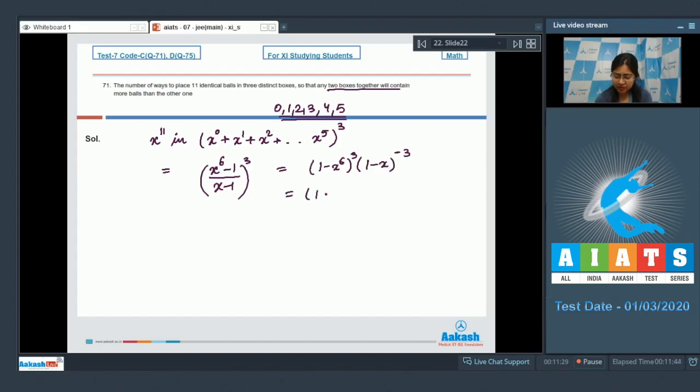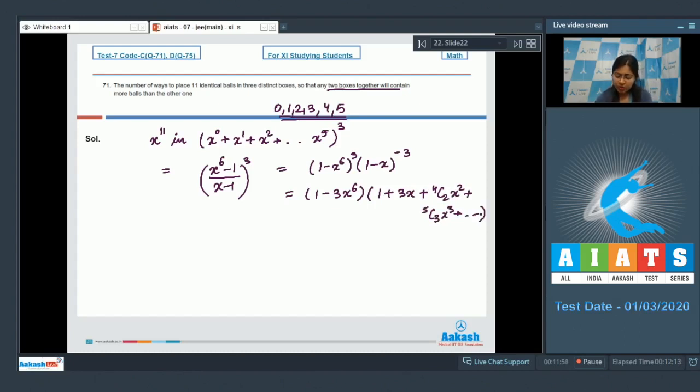Now expanding this, 1 minus 3x^6, not writing next terms for the sake of simplicity because that is not required. x raised to the power 12 is not required, right? Into 1 plus 3x plus 4C2 x squared plus 5C3 x cube and so on.